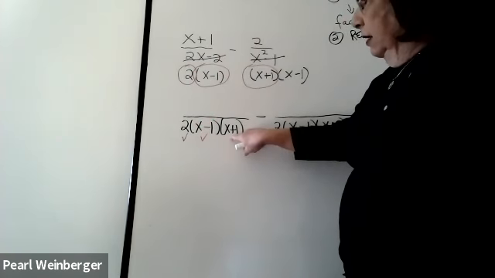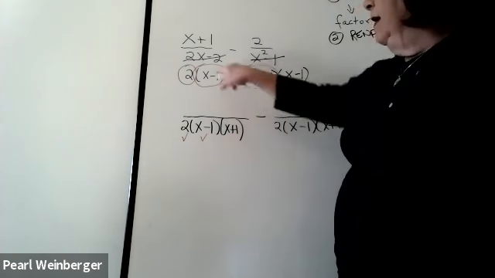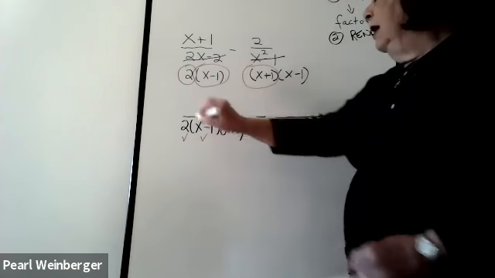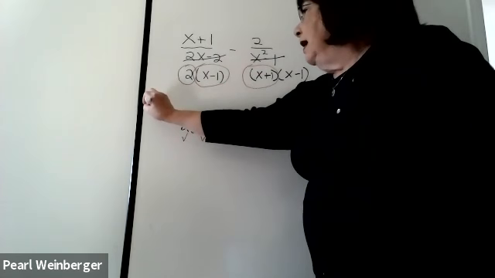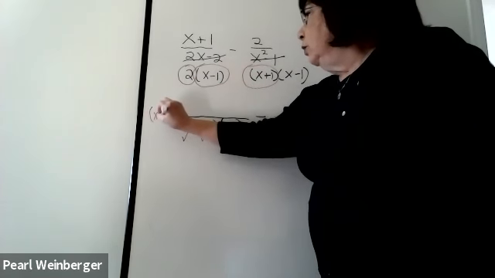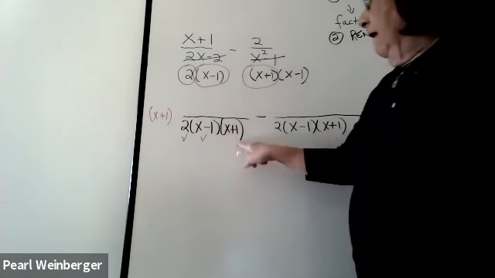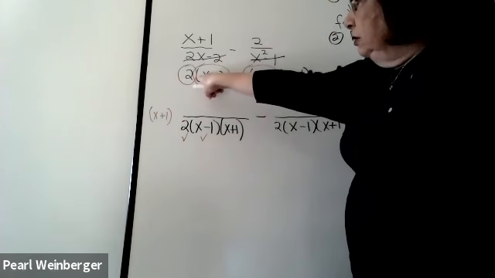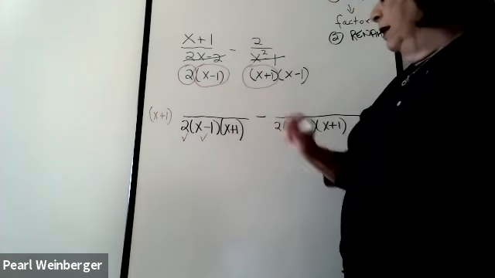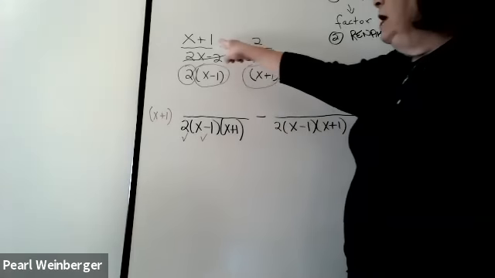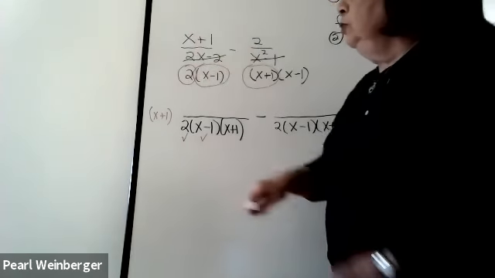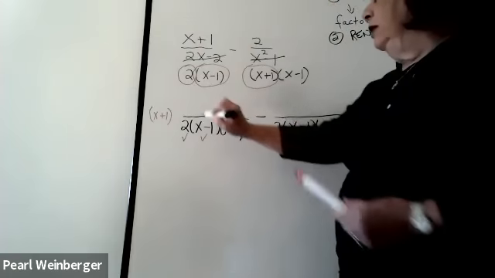What have I multiplied by that I didn't have before? I multiplied by x plus 1. I took the original denominator and multiplied by x plus 1. That means I have to multiply the numerator by x plus 1 as well.